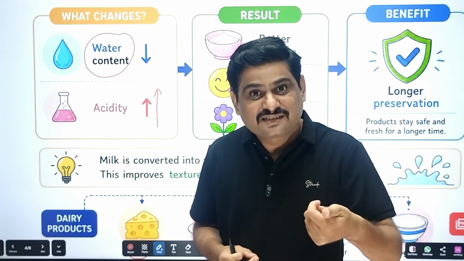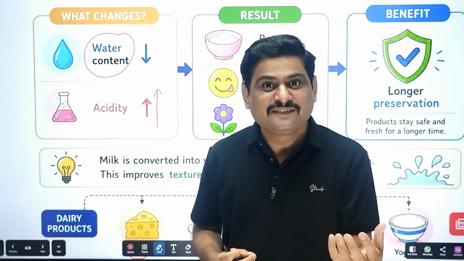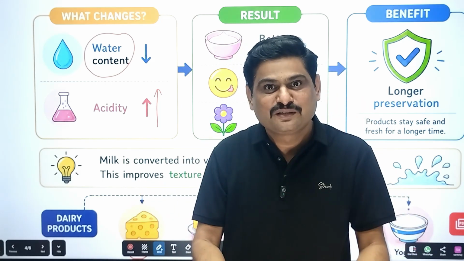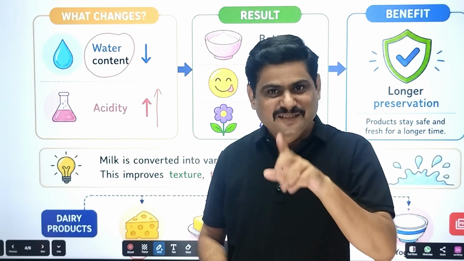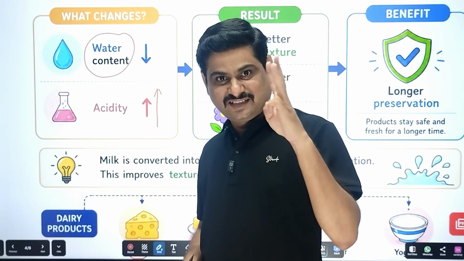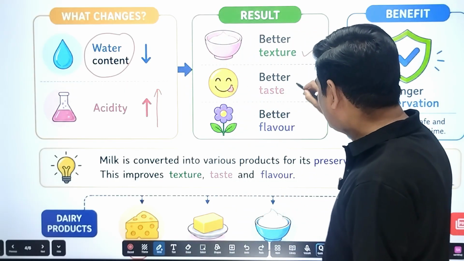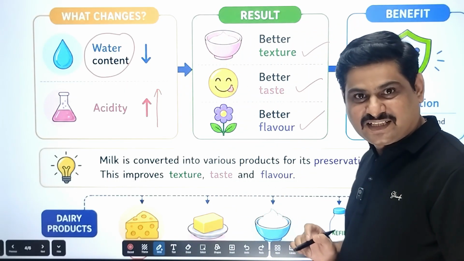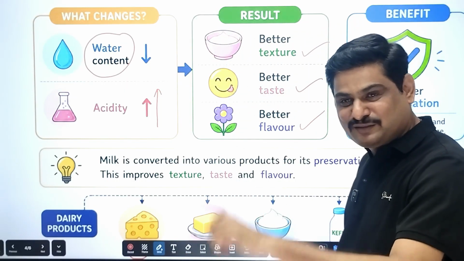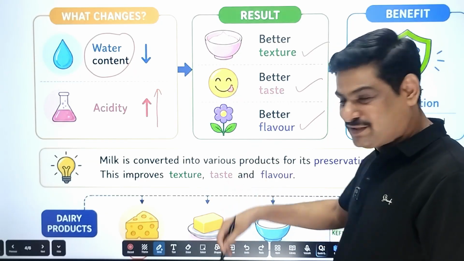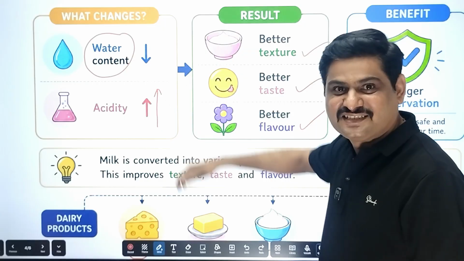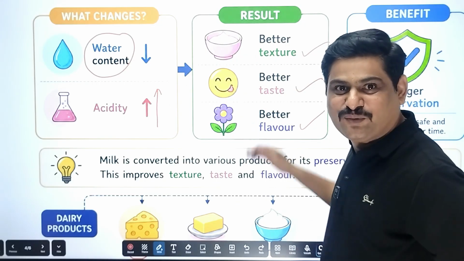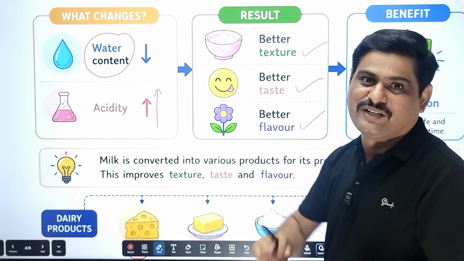So this texture, its taste, its flavor, everything can be improved by doing this process. So when a milk product is formed, three things will improve: its texture, its taste and flavor.